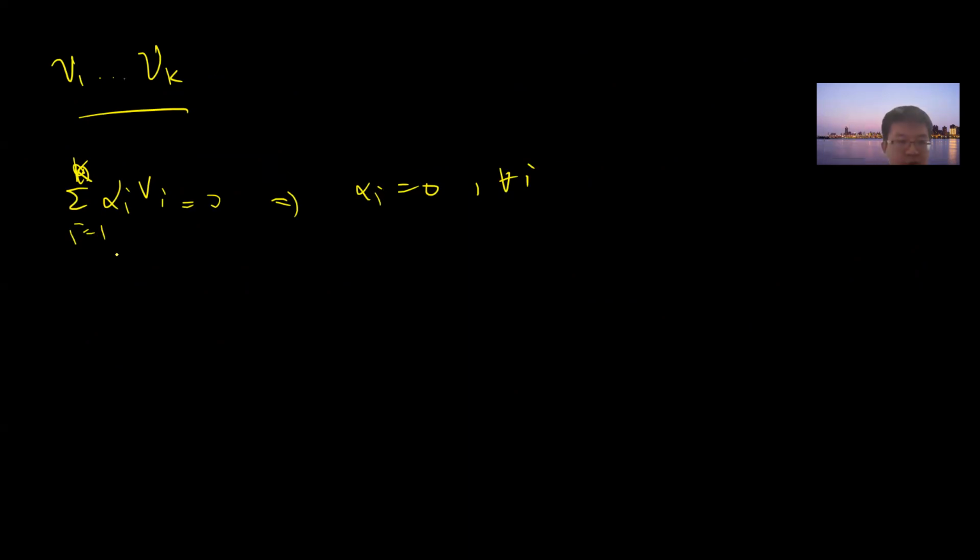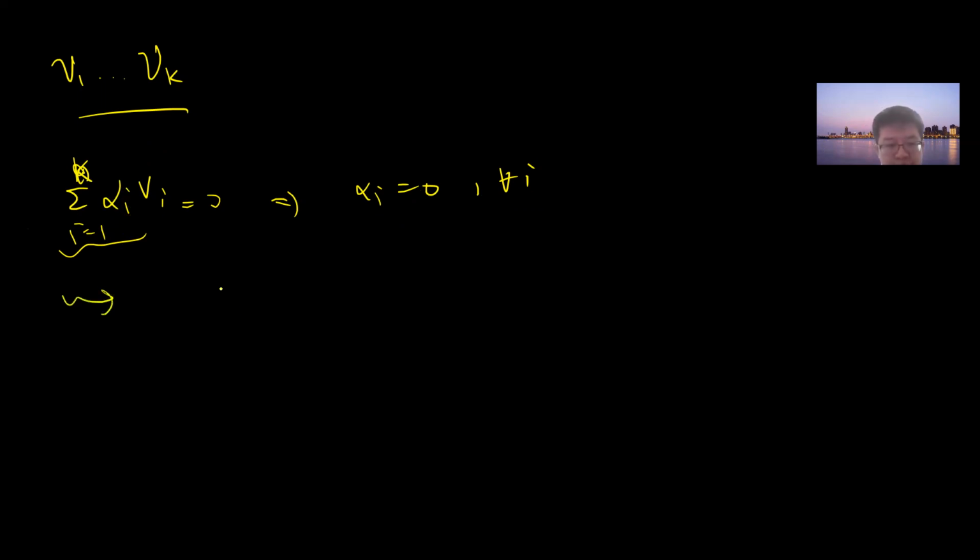Okay. So now if somebody gives me this type of relation, then I can first delete everything where alpha_i is 0.